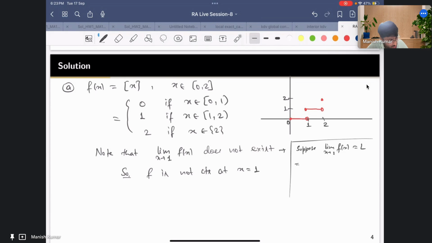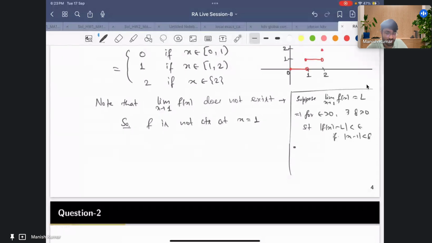This would imply that for epsilon greater than 0, there exists delta greater than 0 such that mod of f(x) minus L is less than epsilon if mod x minus 1 is less than delta. Even so, it does not matter here, because f at 1 is defined, so I'm not putting the 0 condition here. If you want, you can include it. Since we are talking just about the limit, let me put this also.